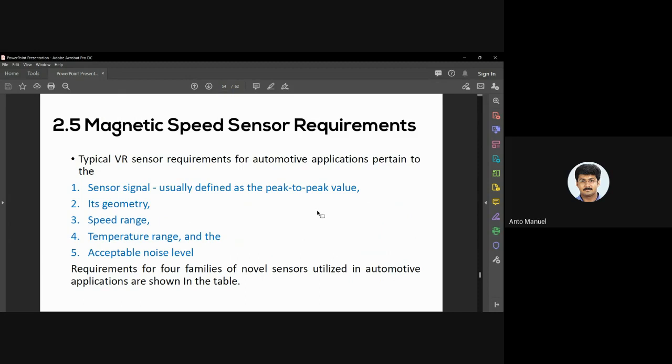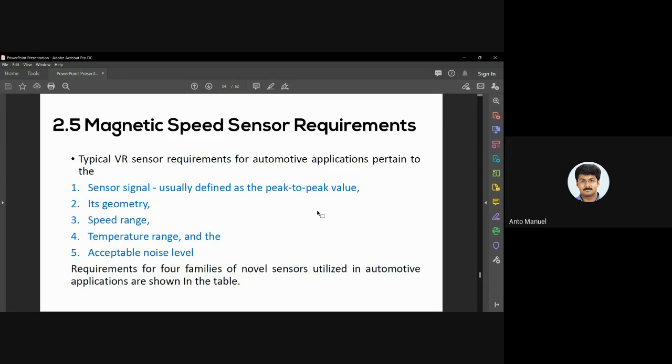And the geometry of the design, where your system is going to be embedded with another system, and how your system should behave in a space. So the geometry of the system is one of the considerations. And the speed range: what should be the speed range of the device that it should be sensitive to.